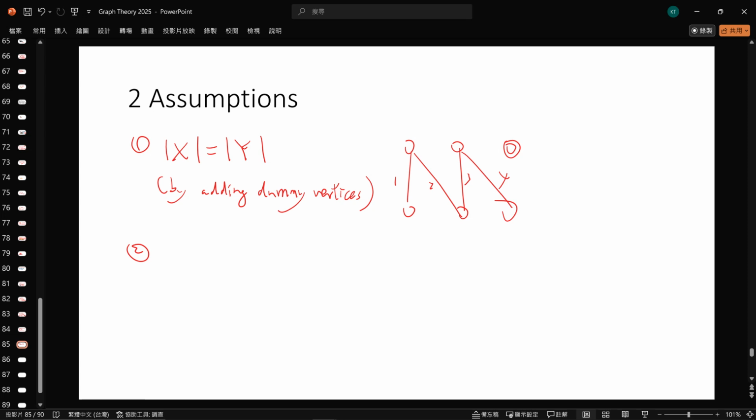And the second assumption that we're going to make is that the bipartite graph is complete. So it's a complete bipartite graph.